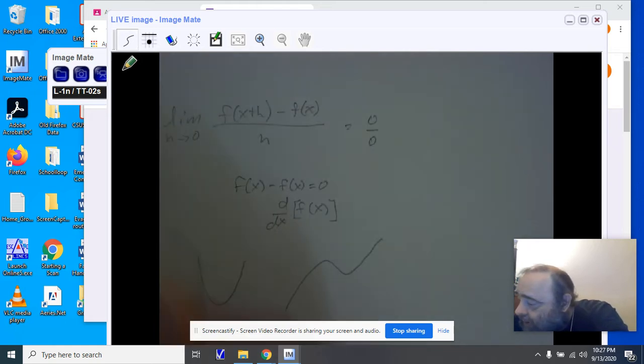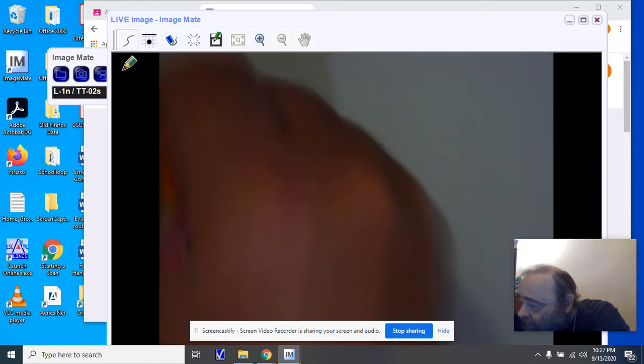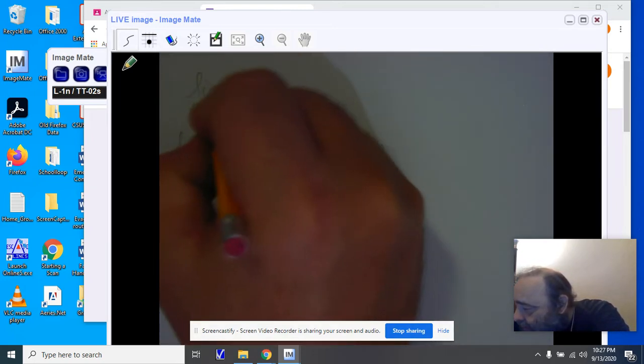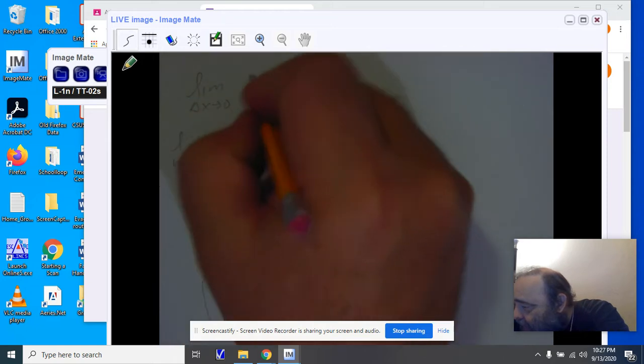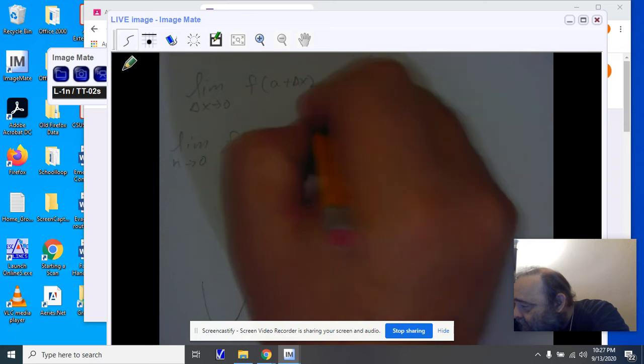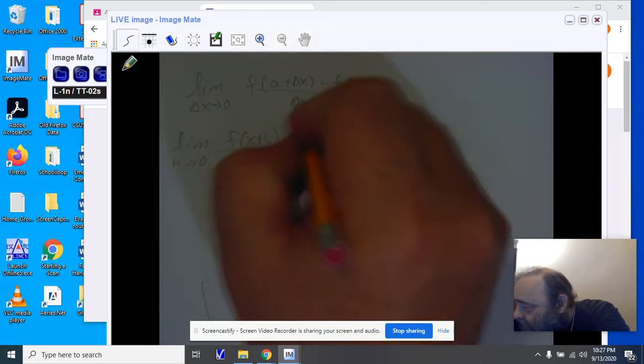Now, look at what our function is. This is the limit as h approaches 0. Now, we can also call it the limit as delta x approaches 0 for f of a plus delta x minus f of a all over delta x.